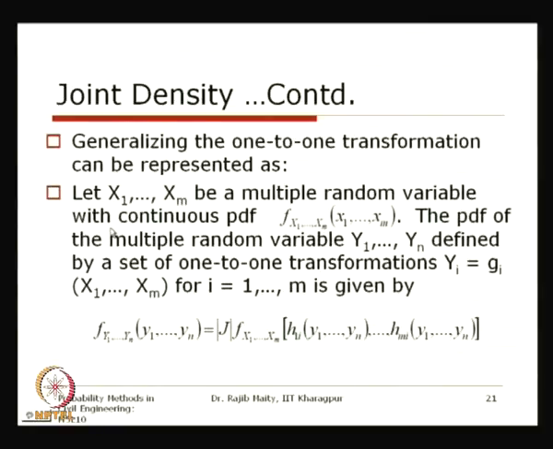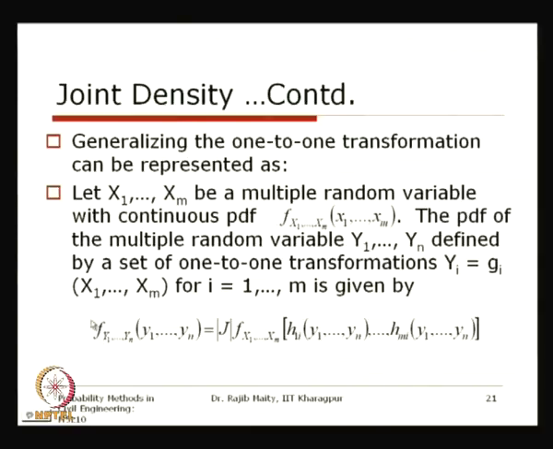So, let x1, x2, up to xm be the multiple random variables with a continuous joint PDF, which is f of x1, x2, up to xm. The PDF of the multiple random variables y1, y2 up to yn, defined by the set of one to one transformations, say y1 equals g1, y i equals a function gi of x1, x2, up to xm for i equals 1 to m, is given again by the same principle.